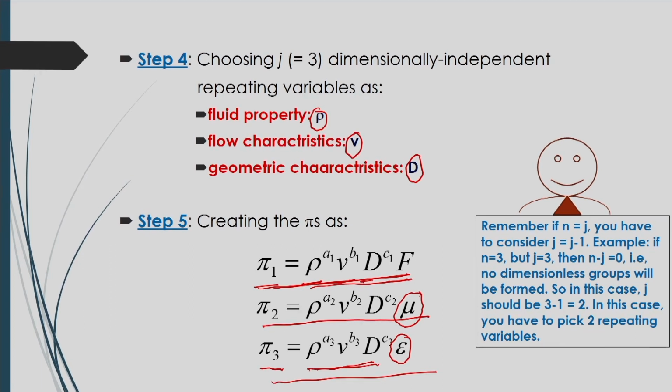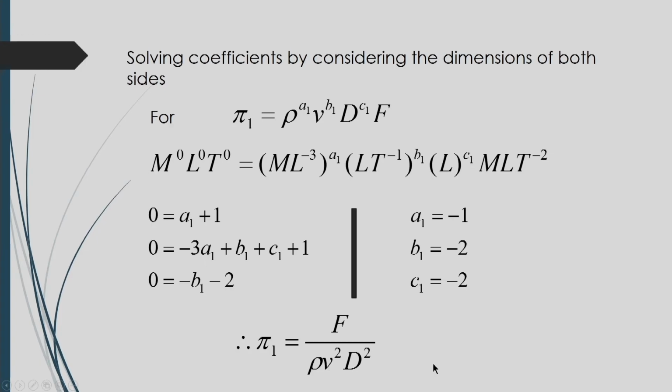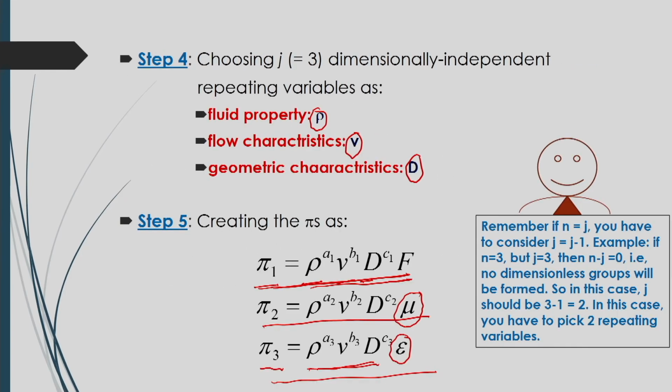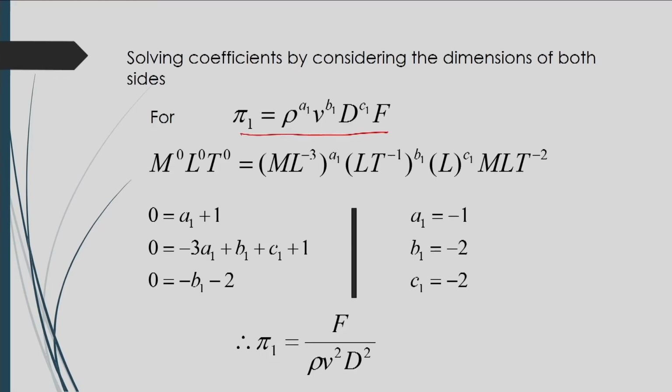After that, what you have to do is check dimensional consistency by equating the equations. In this case, consider that phi 1 is equal to rho to the power a1, v to the power b1 and d to the power c1, into f.